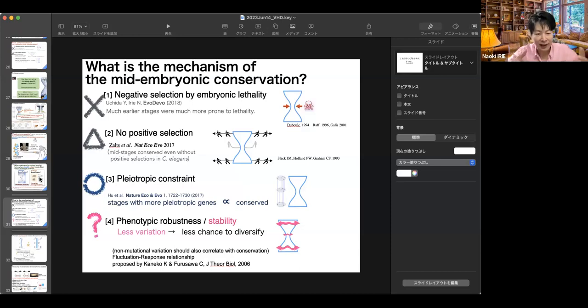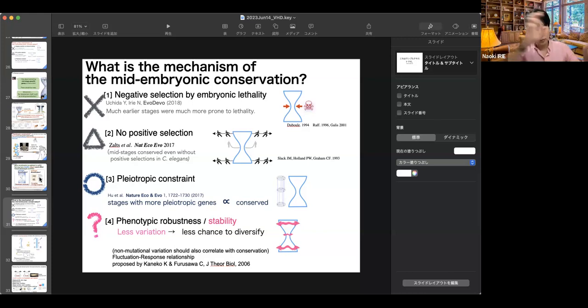So I totally agree that it was almost inevitable for animals or multicellular organisms to have stabilized stages or features, or robust features. And it probably happened multiple times, because cross-phylum comparison does not support the hourglass model, but it has independently been supported in different lineages like vertebrates, echinoderms, nematodes.